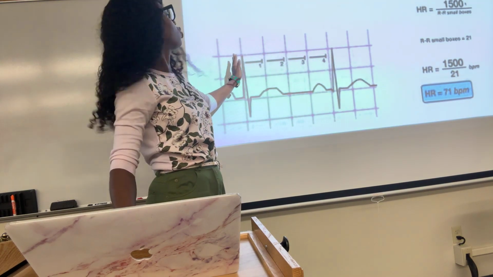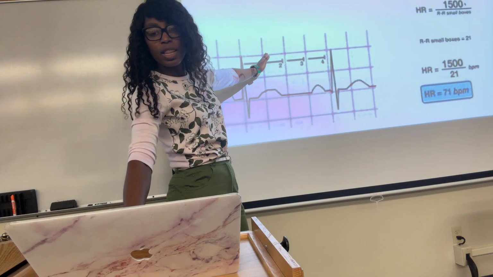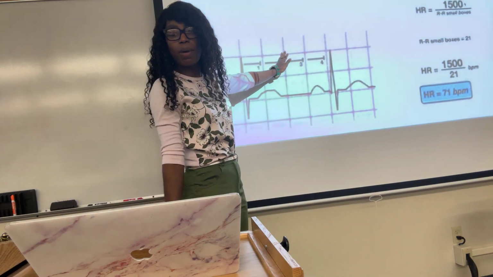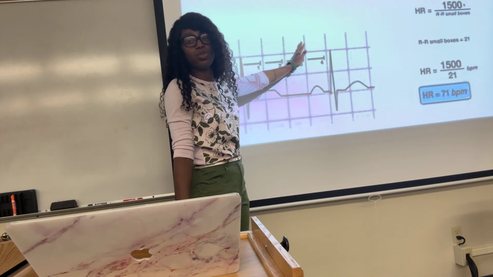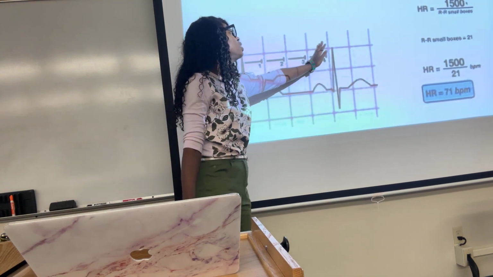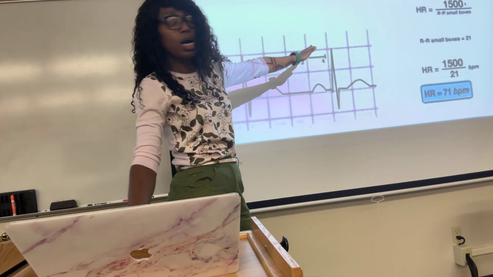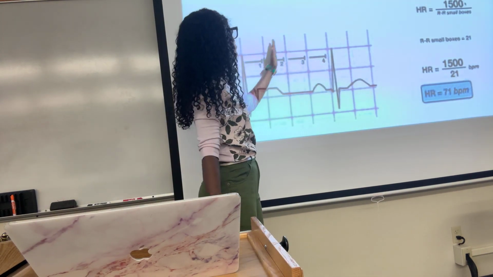The first box is 300, so this is 300. Then the second box is going to be 150. Then the third box is going to be 100. And the fourth box is going to be 75. And then the fifth box would be, what is it? 60. So you have to memorize this.